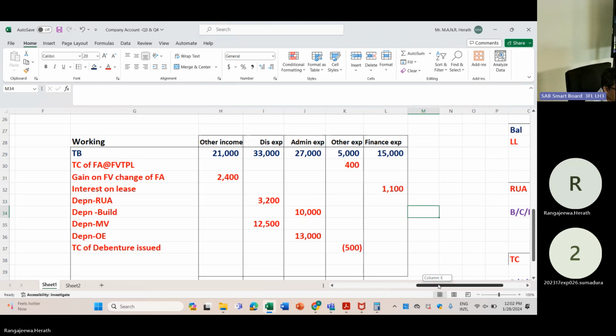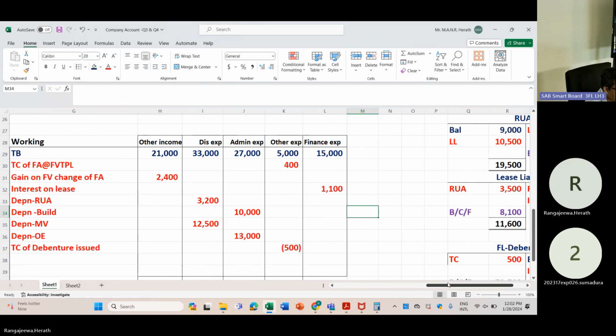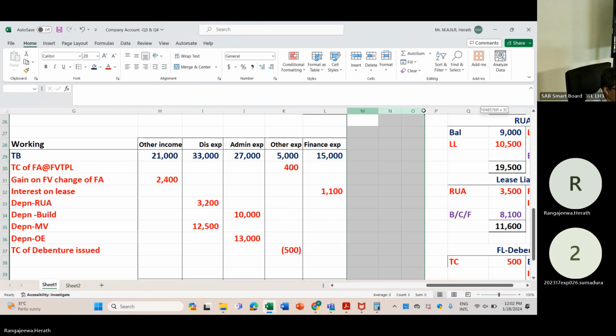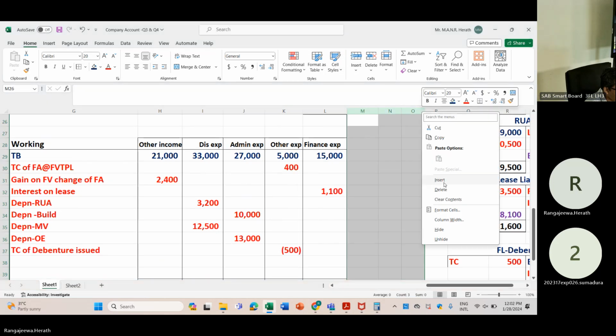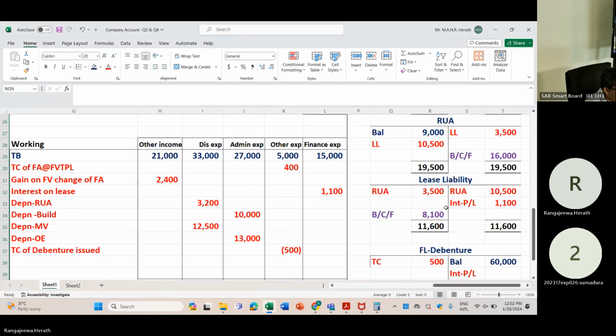So that 500 remove from transaction cost and debit to debenture account.